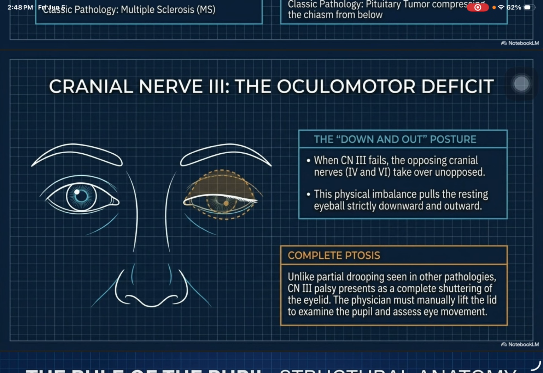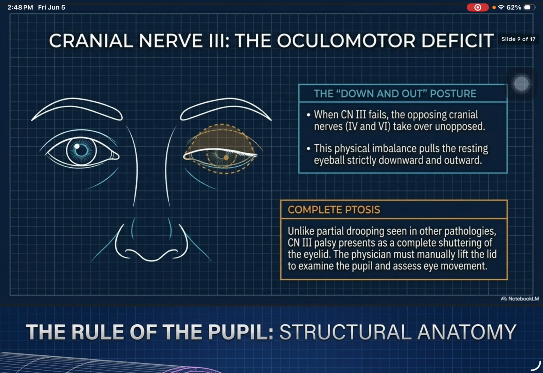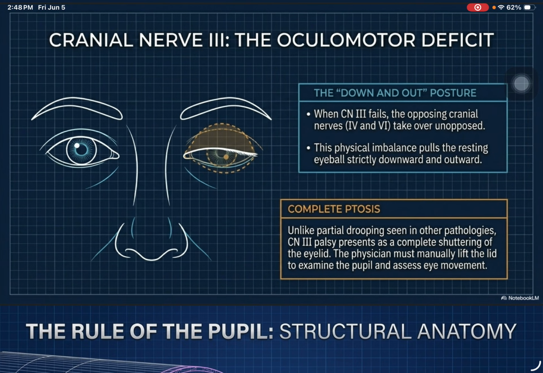The third cranial nerve is very important. It is a parasympathetic nerve, and it supplies the levator palpebrae superioris muscle in the eye. If it is cut, complete ptosis may be present. If the parasympathetic fibers are cut, the eye may show mydriasis, or dilated pupil, and the eye turns down and outward.